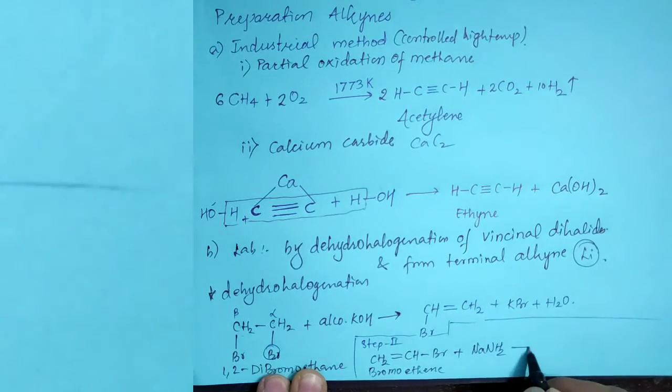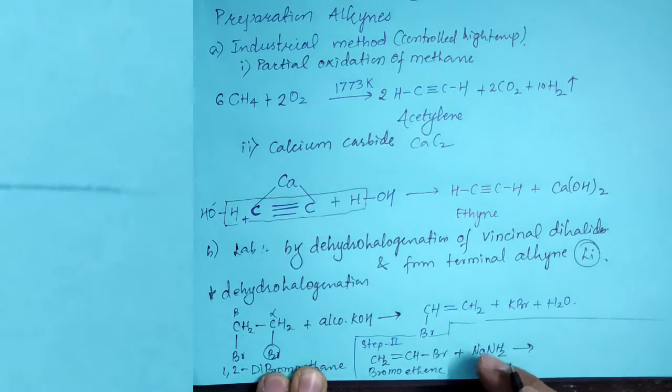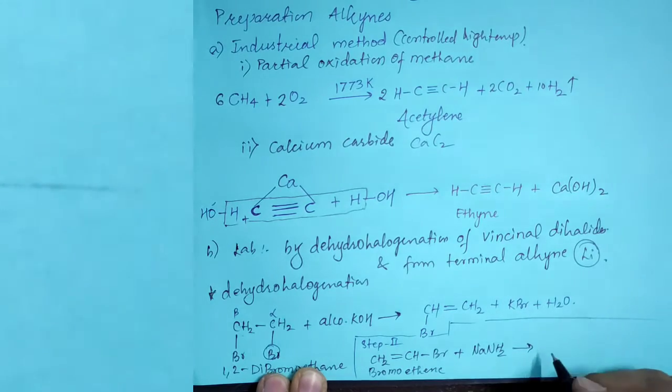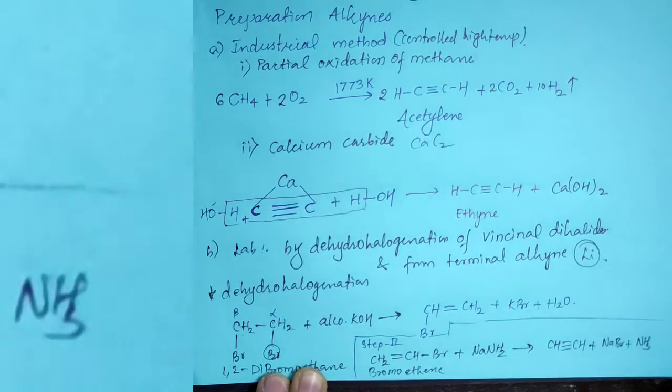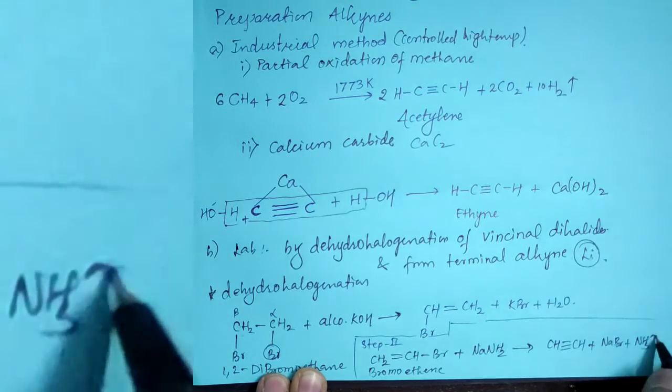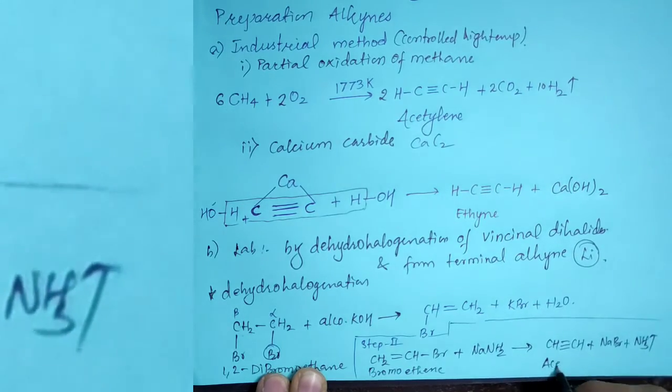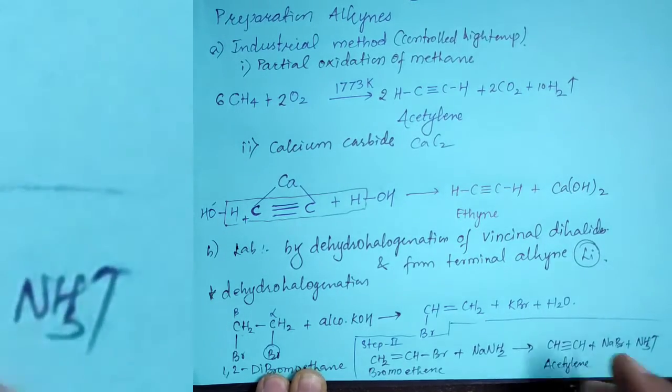What will happen? The halogen is removed from here and the beta hydrogen is removed, forming ammonia. The product acetylene is obtained and ammonia gas is given out. Acetylene is prepared. So this is the method of preparation of acetylene by dehydrohalogenation.